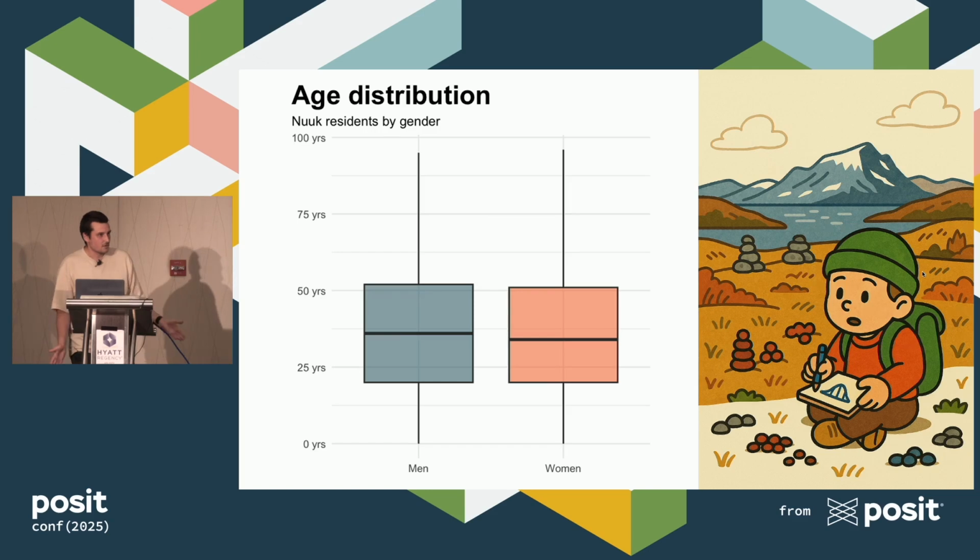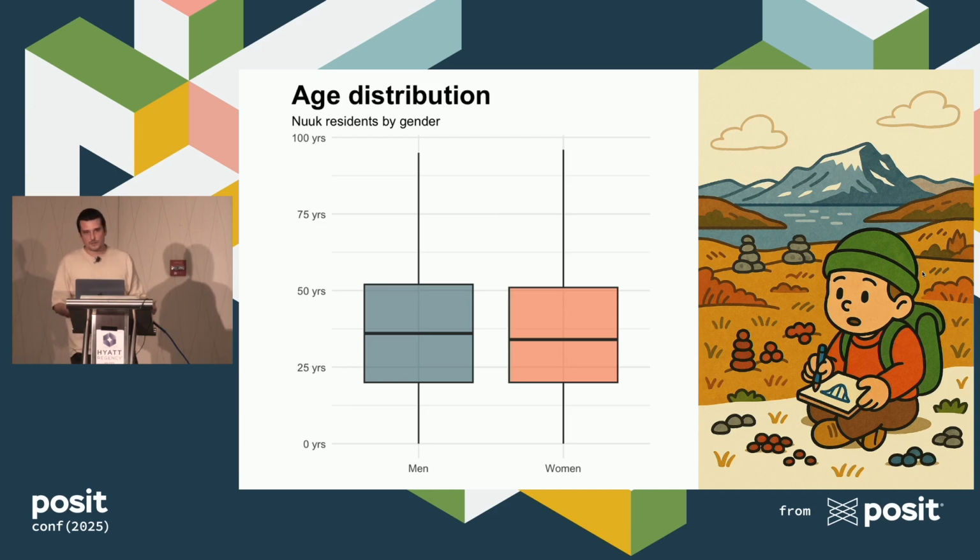There are a couple of different options you can use to visualize distributions between groups. One way you could do it is by having your two groups, in this case men and women, on the x-axis, and then draw some kind of geom that tells you something about the distribution.